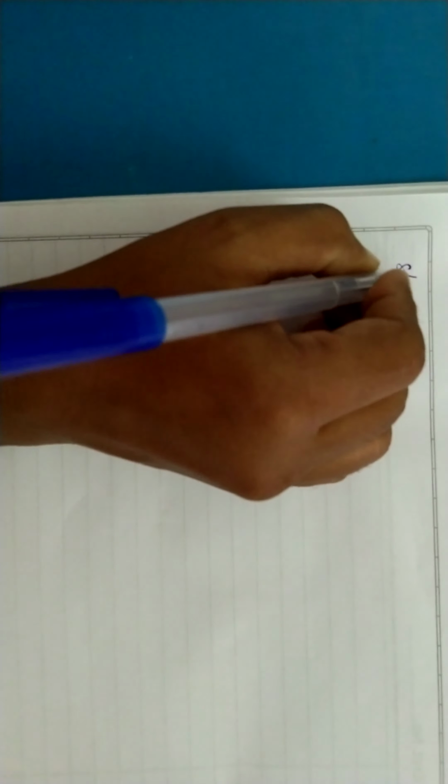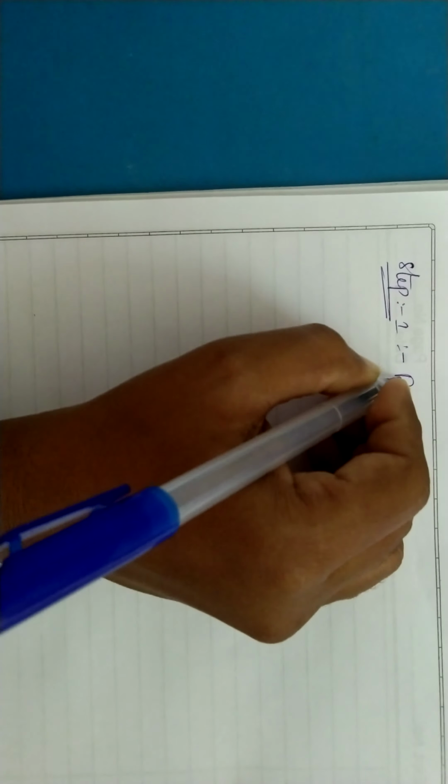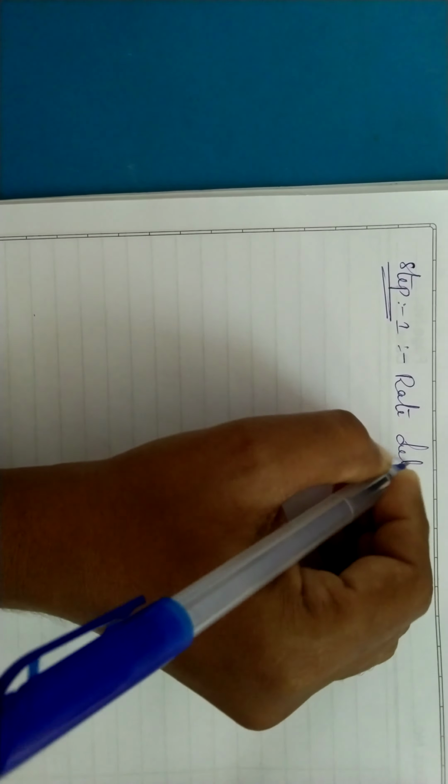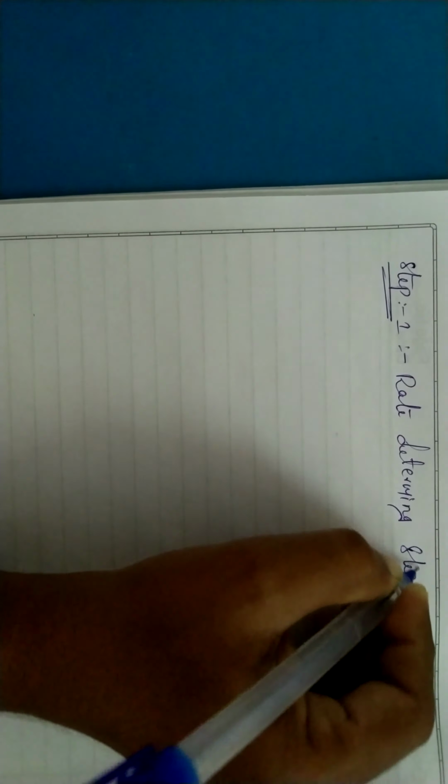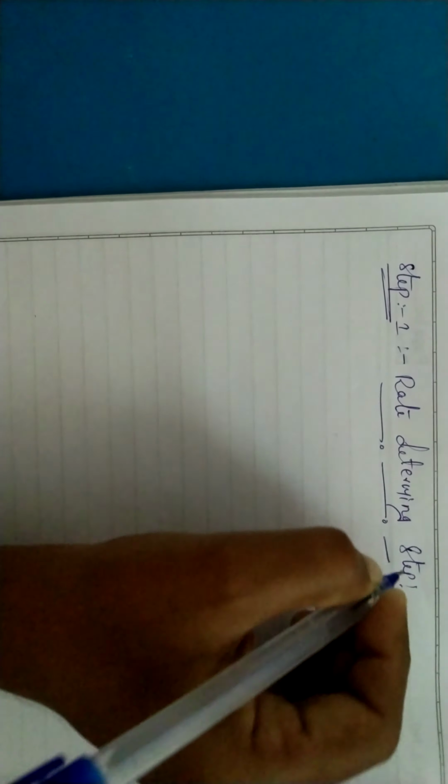Okay, next, this SN1 reaction proceeds in two steps. What are the two steps? Let's see. The first step is step 1. This step 1 is also called the rate determining step. The reaction may proceed in one step or several steps.